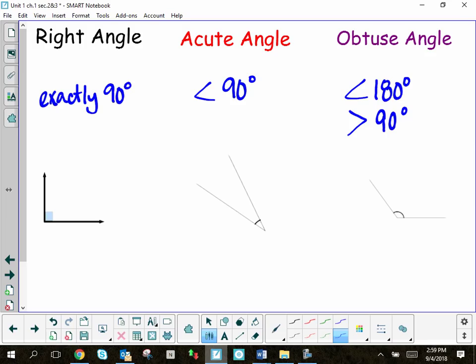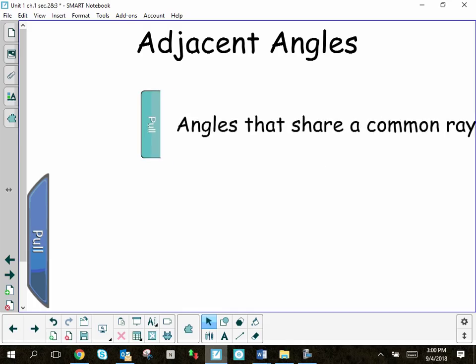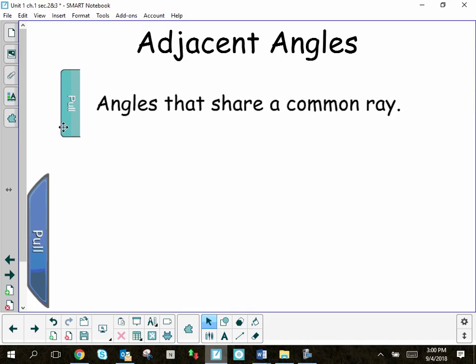Okay, so this is the angle measure. Because those symbols kind of look alike. Measure of the angle greater than, measure of the angle less than. All right, moving on. Adjacent angles. Okay, I'm pretty sure you might have heard of the word adjacent before. Okay, if not, this is not that difficult. Angles that share a common ray. Okay, and anything could be adjacent.